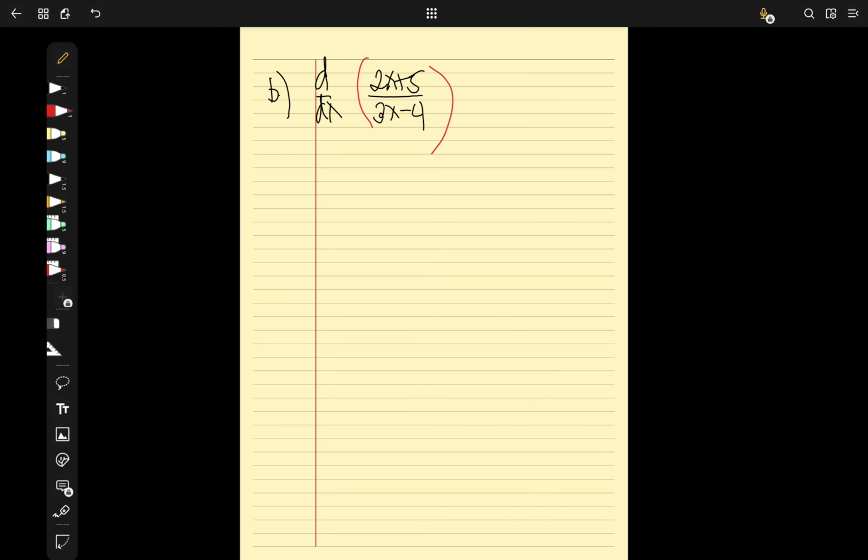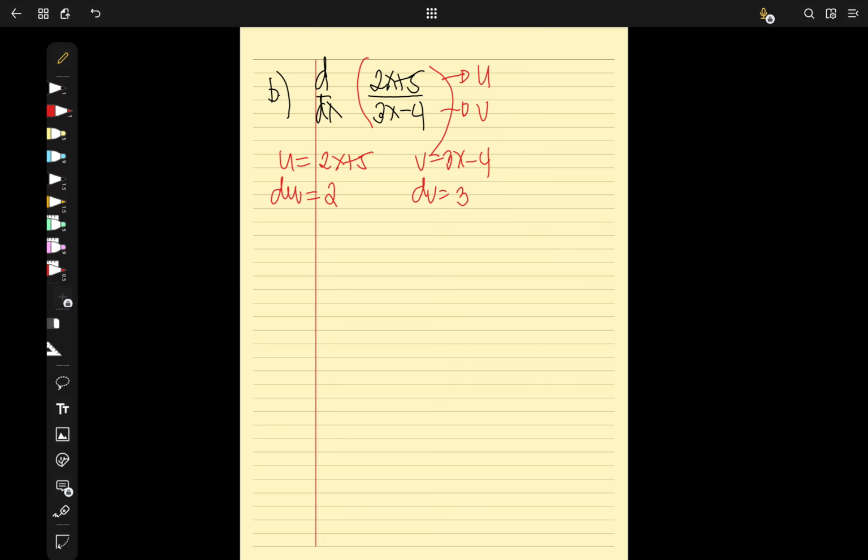So we can assume that this is our u, and let this be our v. So our u is 2x plus 5, v is 3x minus 4, derivative ng u is, derivative of 2x, 2, derivative of v, derivative of 3x is 3.